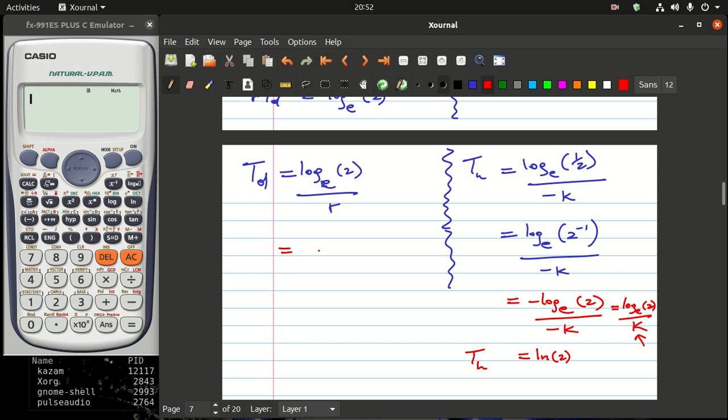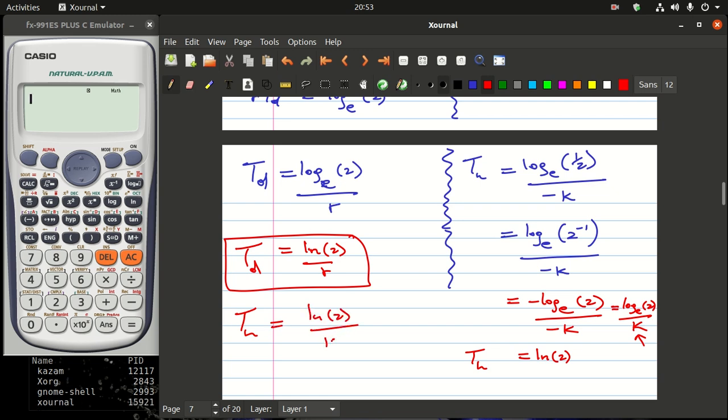And then this side you're just going to have ln of 2 divided by r. So you have td written in this form, and th is also written as ln 2 all over some k there, right? So it is in the same format.